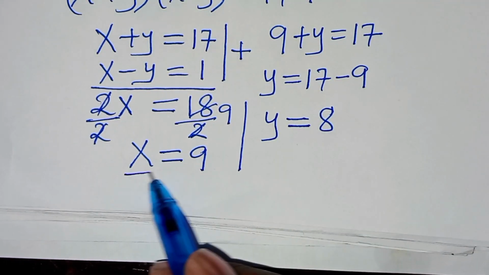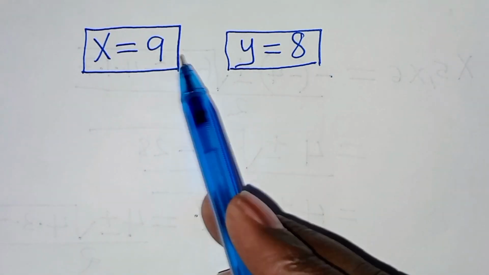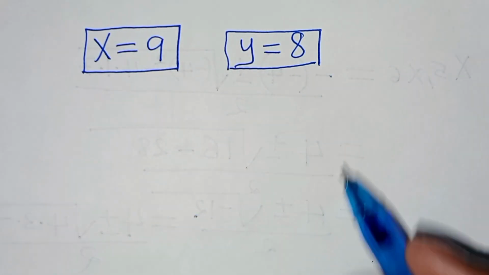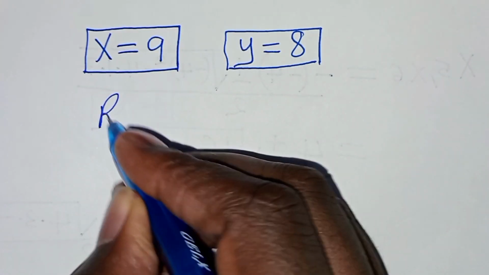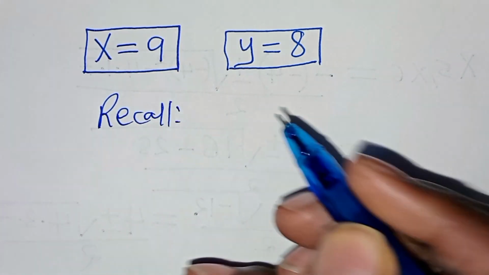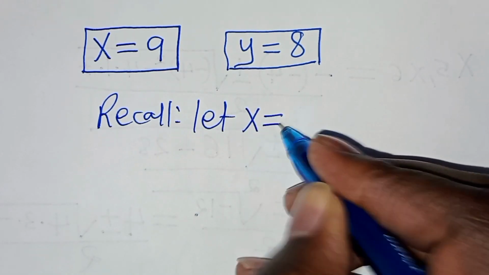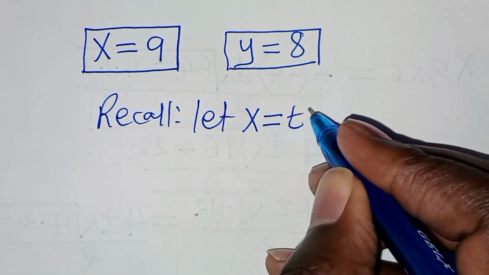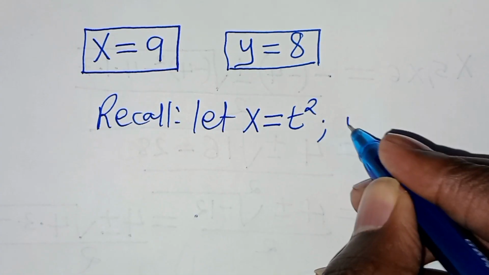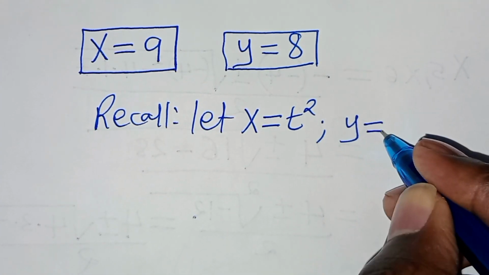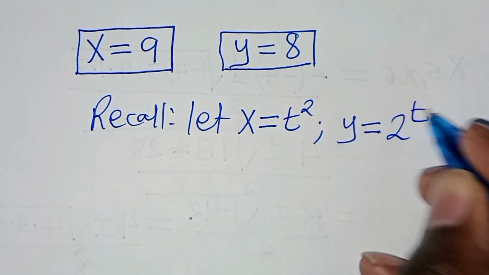Now we have that x is equal to 9 and y is equal to 8. If you recall, we let x be equal to t to power 2 and y be equal to 2 to power t.